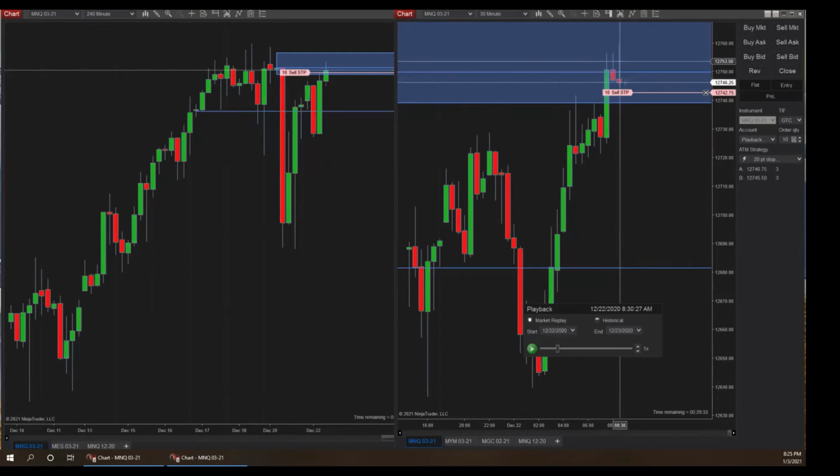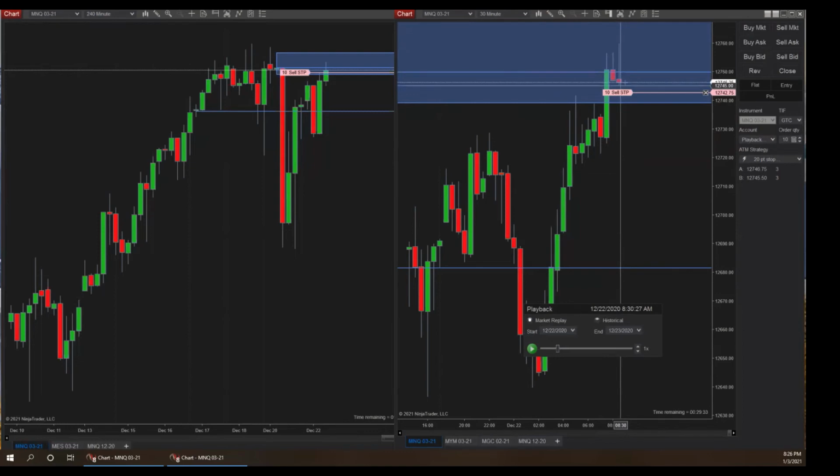Also, this could be known as a shooting star, where you get the wick at a high, comes back in, closes inside the range of the previous candle, which of course it very much is, well below. In this case, it's almost making an evening star pattern, if it had come more so down here, but it's close enough for me to want to take a trade off of this area.